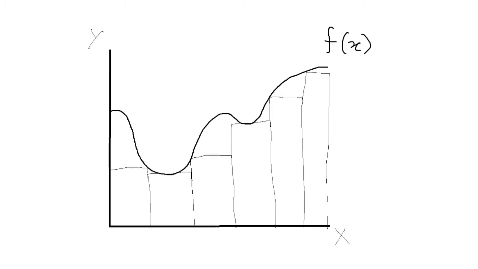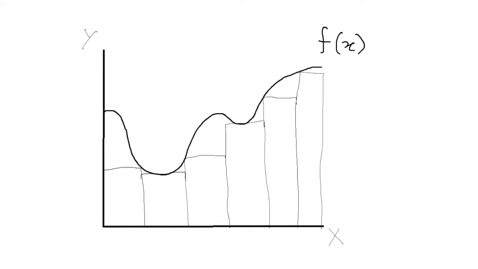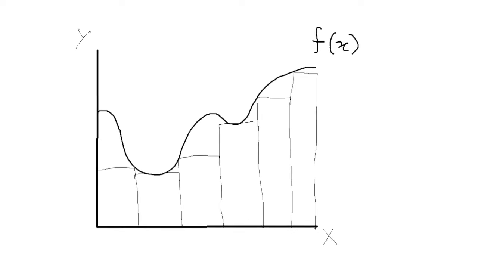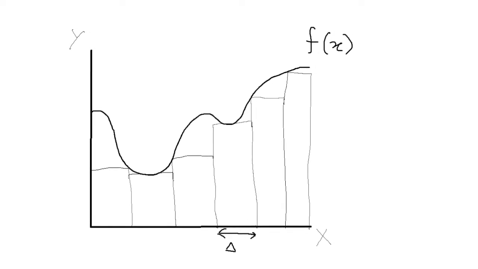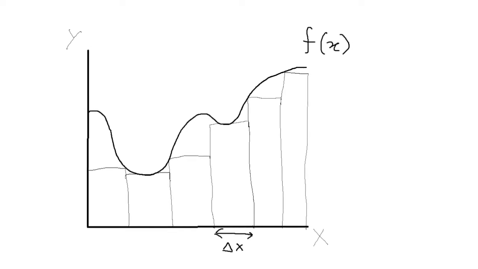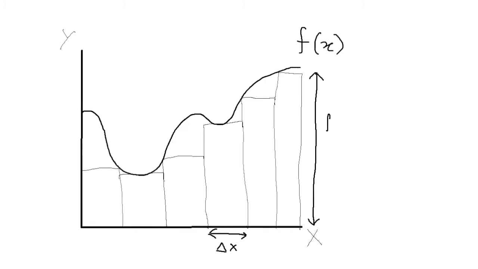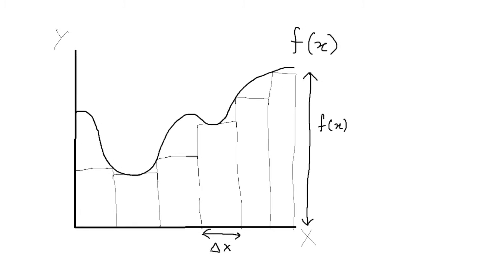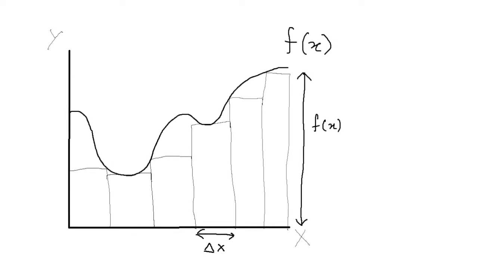You would calculate this approximate area under the curve by getting the area of each individual rectangle and adding them up. The area of a rectangle is its width times its length. In this case, the width is simply the change in x, and the length will just be the f of x value for that specific x value.